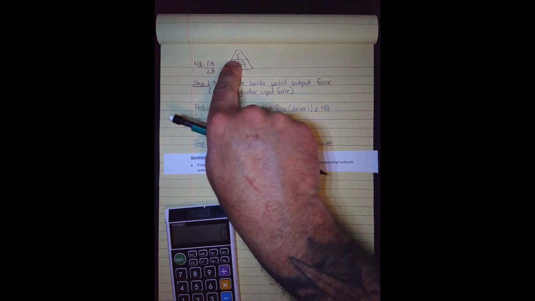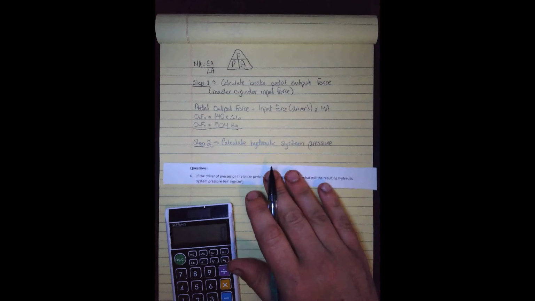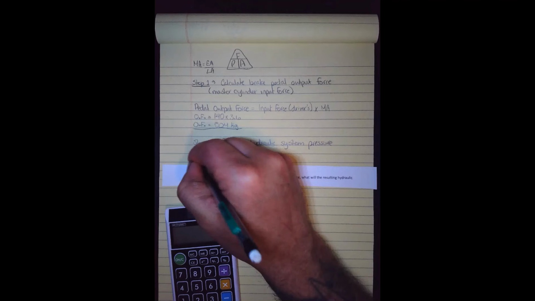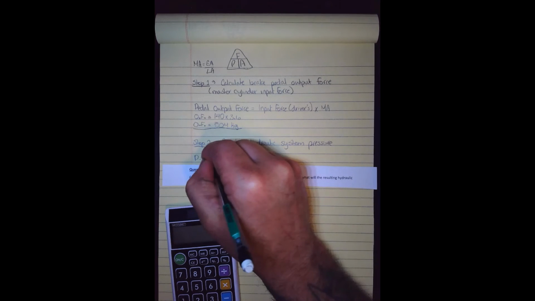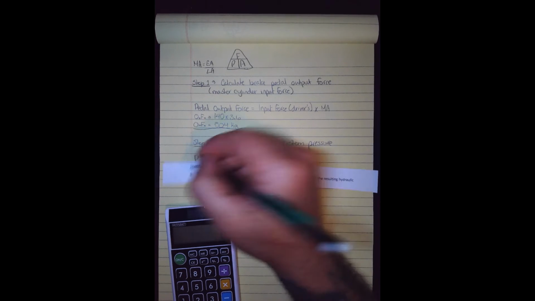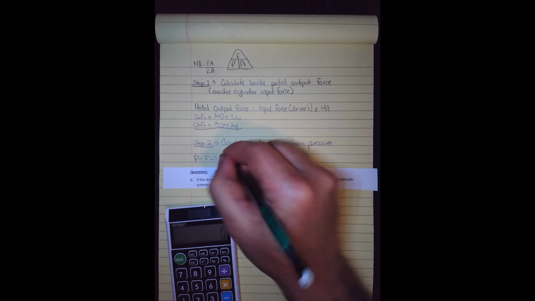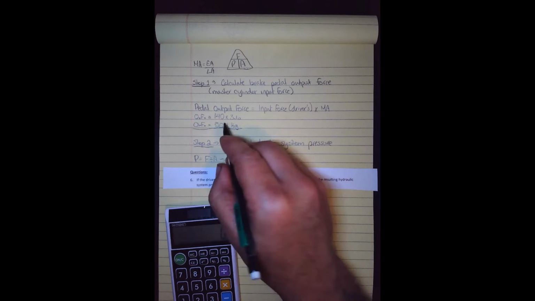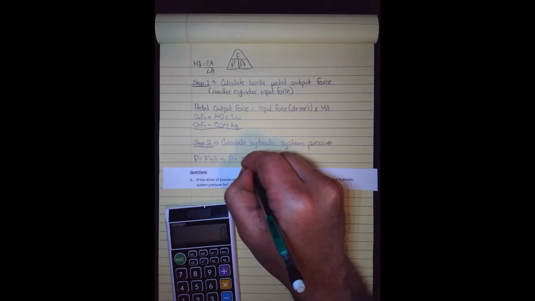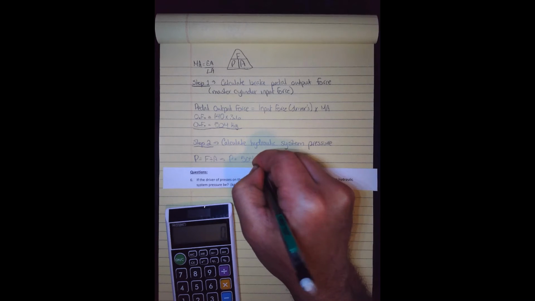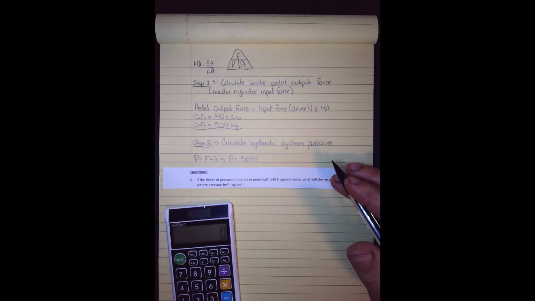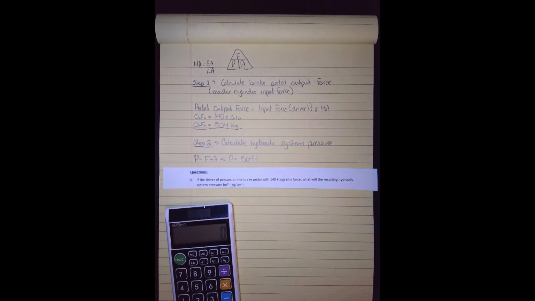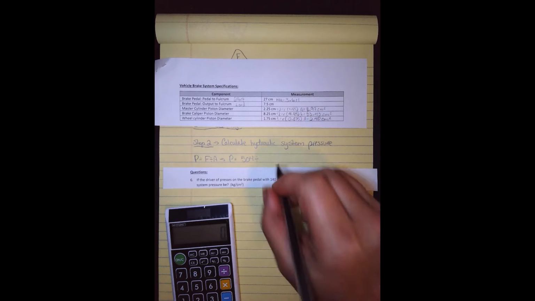We know, once again, pressure is going to be a force divided by an area. So P equals force divided by area. Our force we just calculated at 504 divided by, because we're looking for the entire system's pressure, we're looking at the master cylinder piston area, right, which we calculated at 3.97.